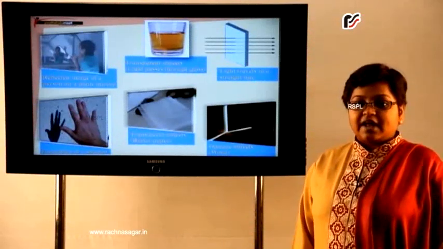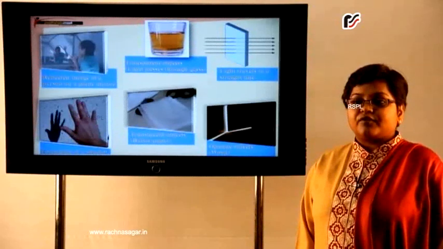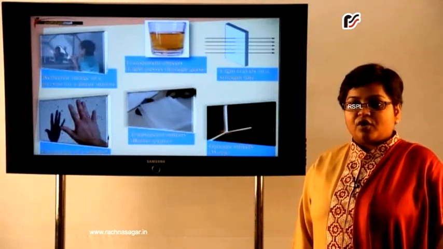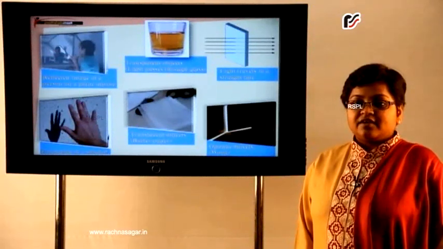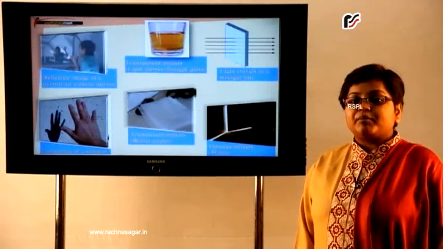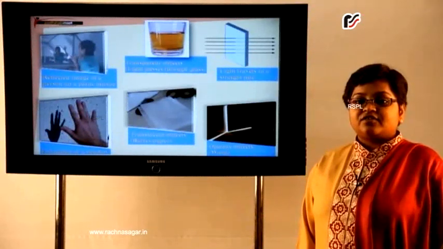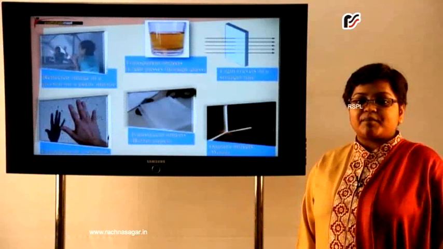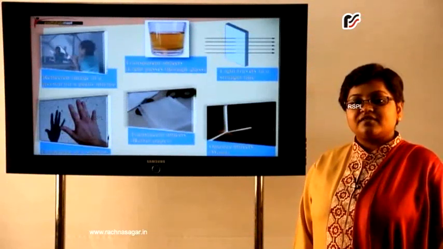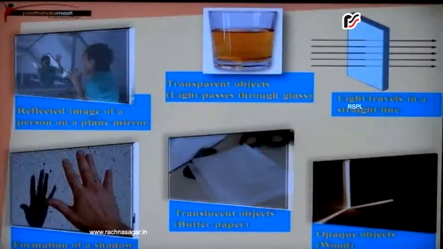Number 2, light waves travel through the vacuum with a speed of 299792458 meters per second, or approximately 3 × 10^8 meters per second. Number 3, light travels in a straight line.